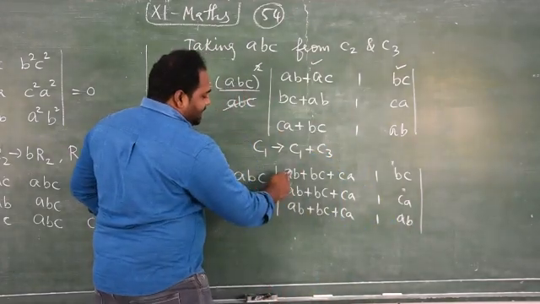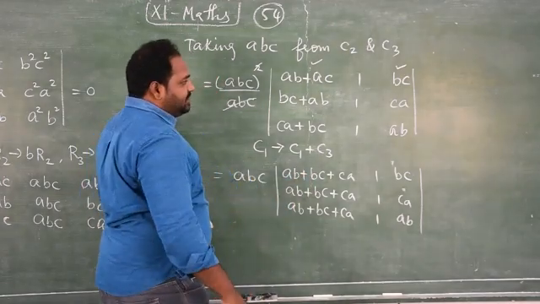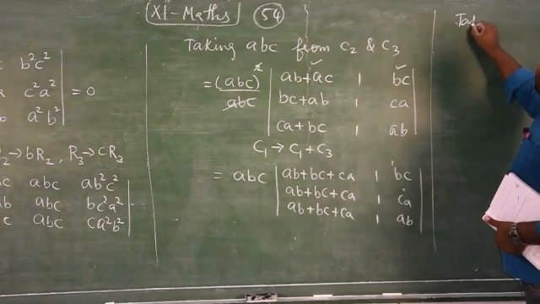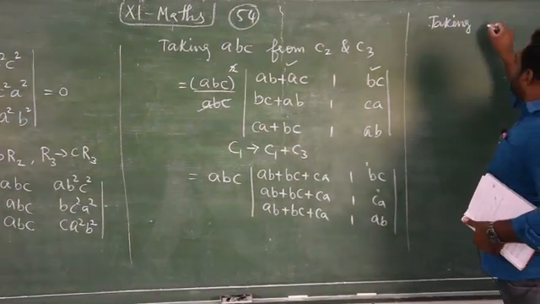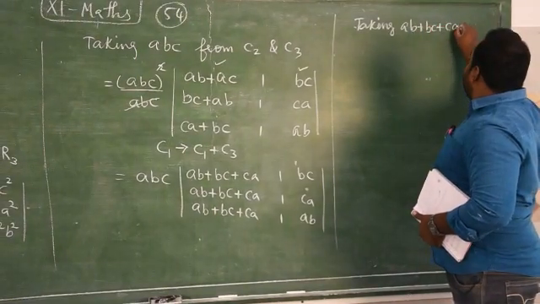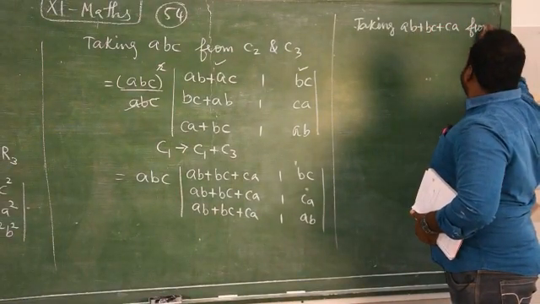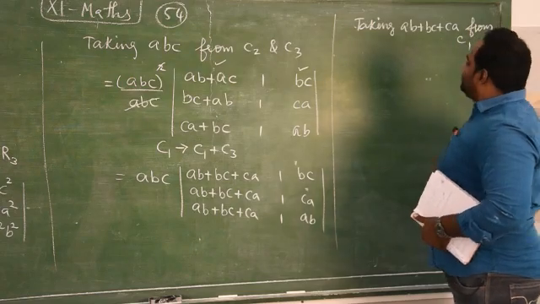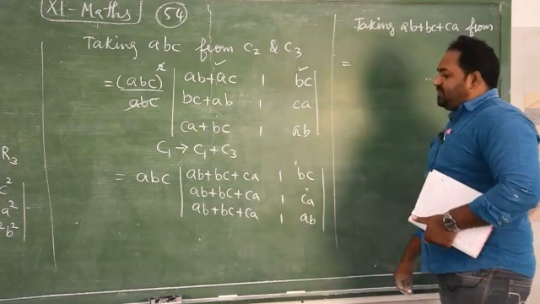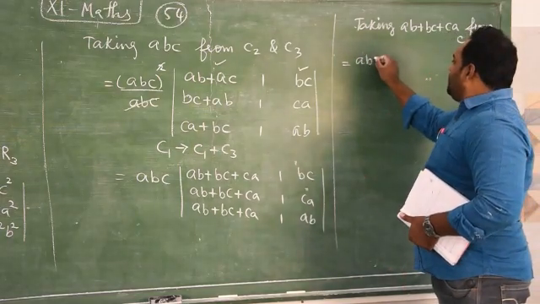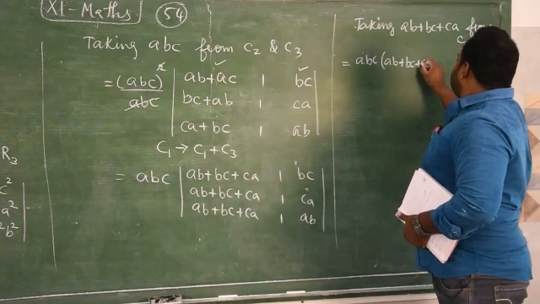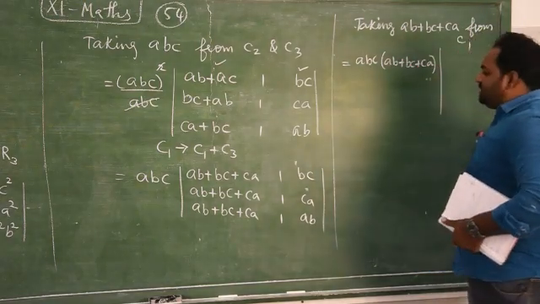Now I am going to take AB plus BC plus CA commonly outside from C1. If you take that out, ABC is already outside, so we have ABC into AB plus BC plus CA into the determinant.